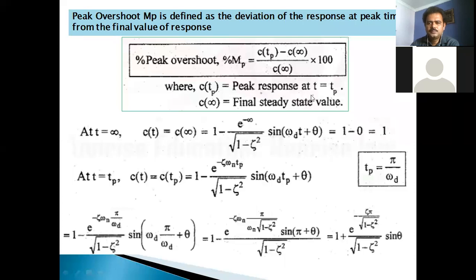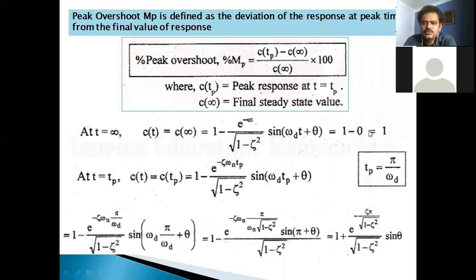Peak response is at t is equal to tp. The final steady state value is c at infinity, which is the unit value.